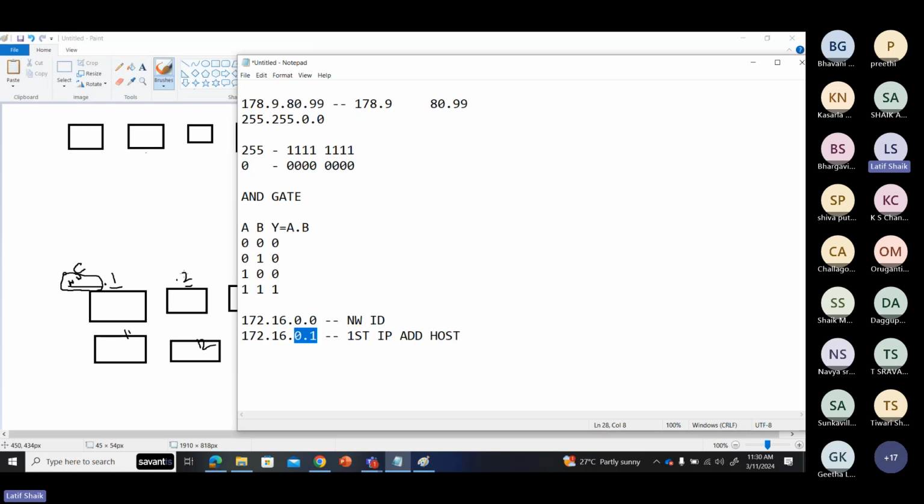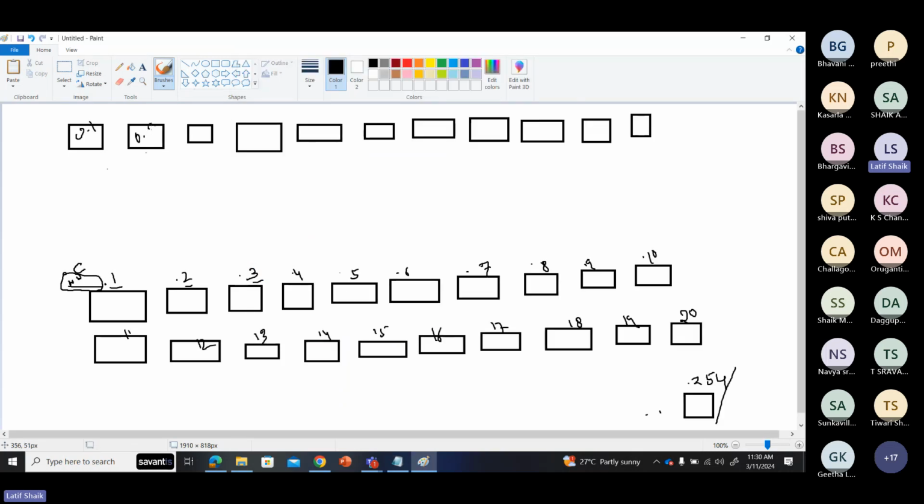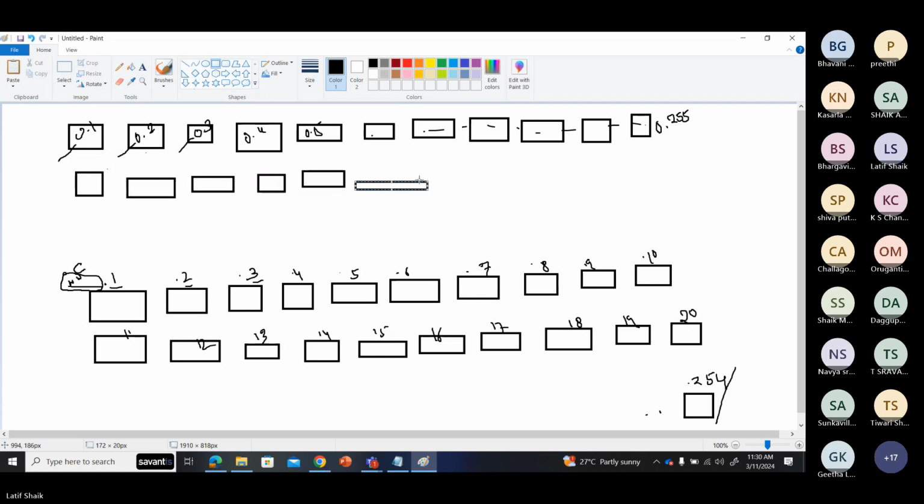So here I put 0.1, 0.2, 0.3. The first two are always the same in a class B. 0.4, 0.5, I keep going. Once it has reached 0.255, then again I will assign 1.0, 1.1, 1.2.